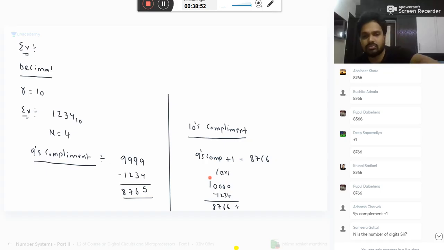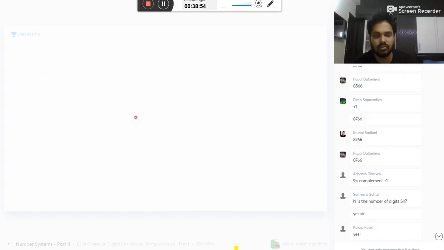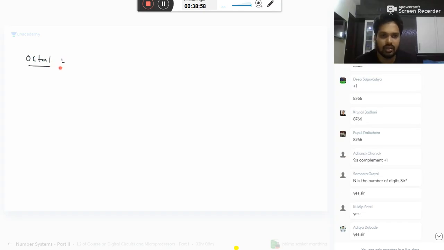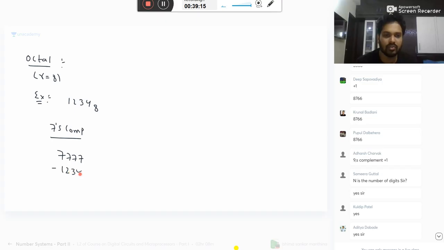Now, if you have octal, that is r equal to 8. Suppose you take the similar number, any number you take, 1234 in octal. What is the 7's complement? 7777 minus 1234. Finish your job.